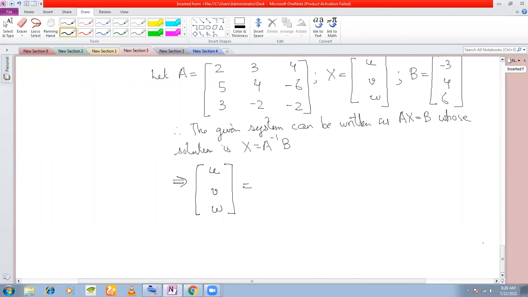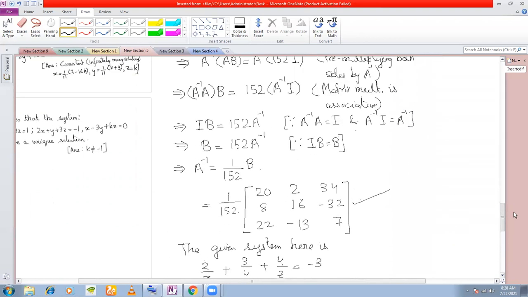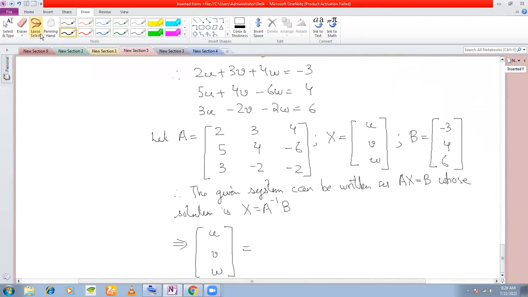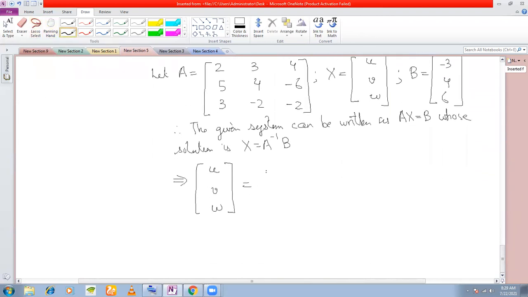A inverse. How much have we got A inverse? 1 by 152 times this matrix. So put it here. 1 by 152 times 20, 2, 34, 8, 16, minus 32, 22, minus 13, 7.